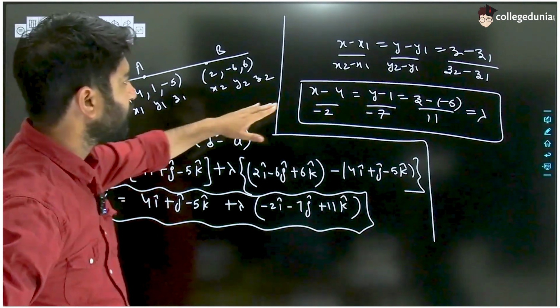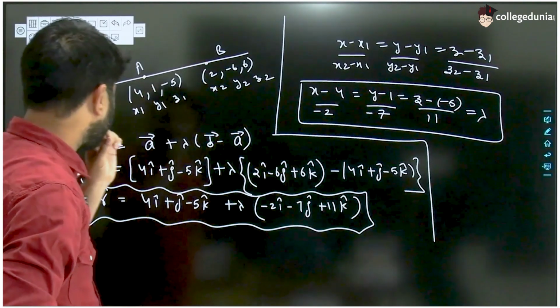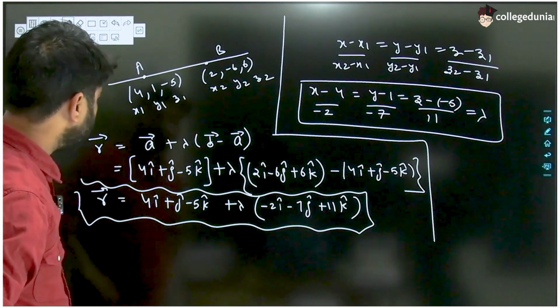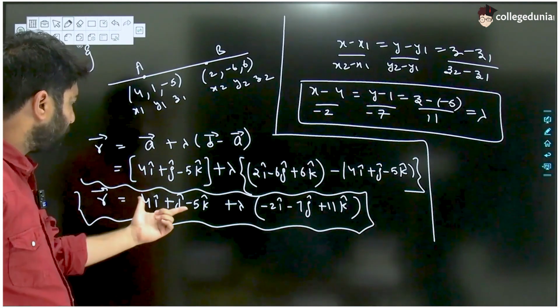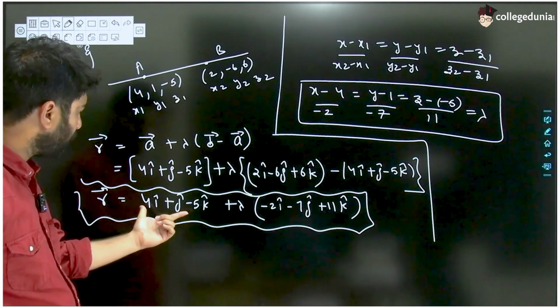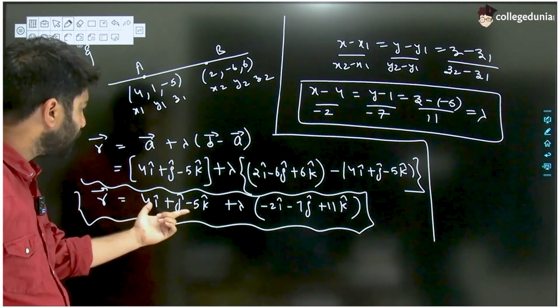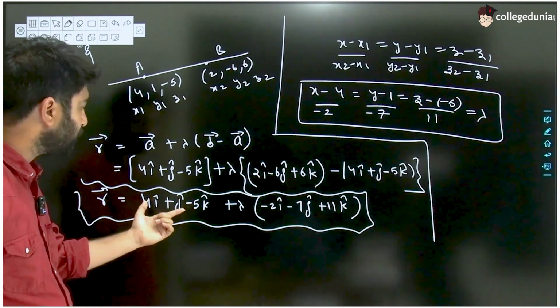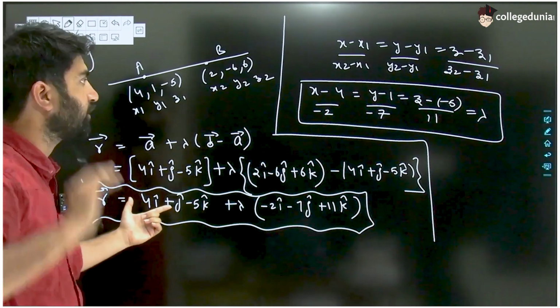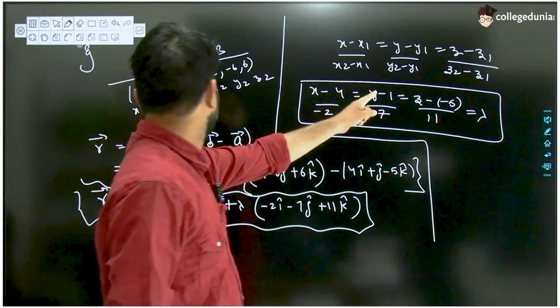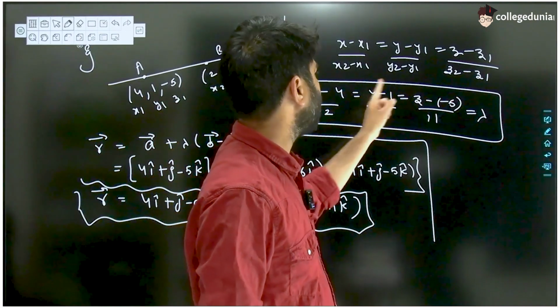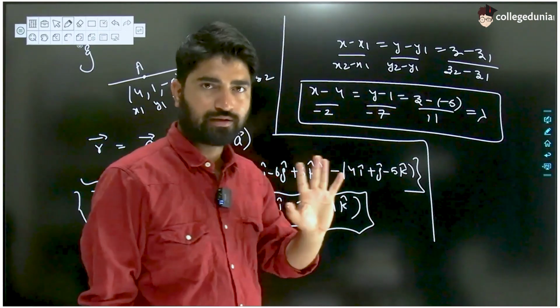If you look at the vector equation and the Cartesian equation, you will see that here we have 4i plus j minus 5k, that is 4, 1 and minus 5. These terms 4, 1 and minus 5 are subtracted in the numerator. You can see 4, 1 and minus 5 are subtracted from x, y, z, right?